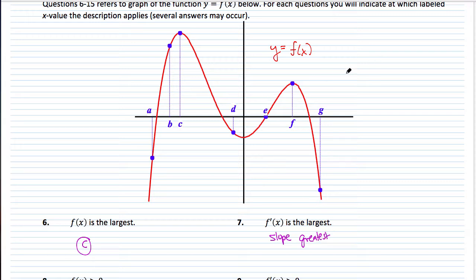So let's sketch some tangent lines at each of these locations. So A will have a tangent line and therefore a derivative that is very positive. Let's use a slightly different color here. Let me make it a little thicker. So we have a tangent line approximately like this, and like this.